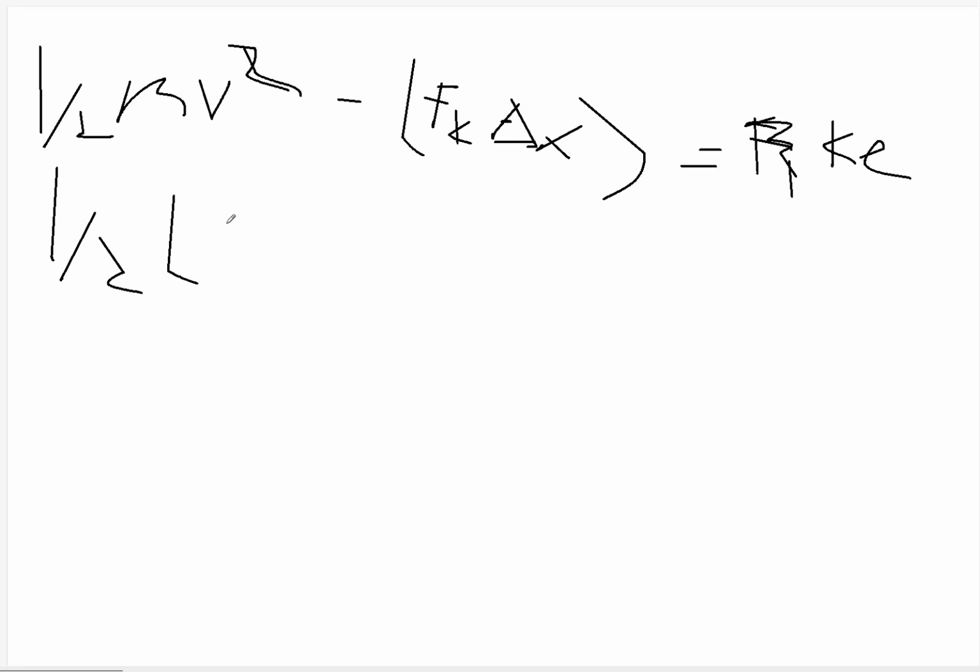The mass, which is 0.05. So I was using the velocity of the dart instead of the velocity of the dart block system for part G, so let me redo everything.